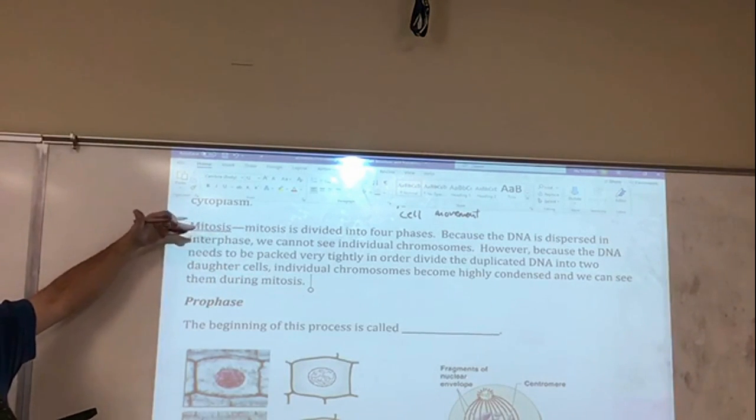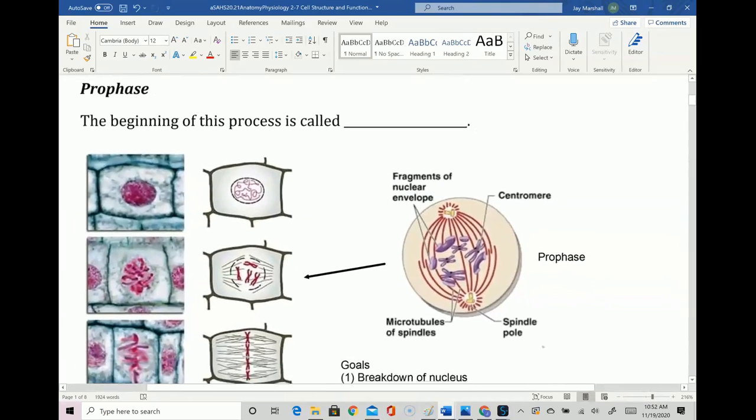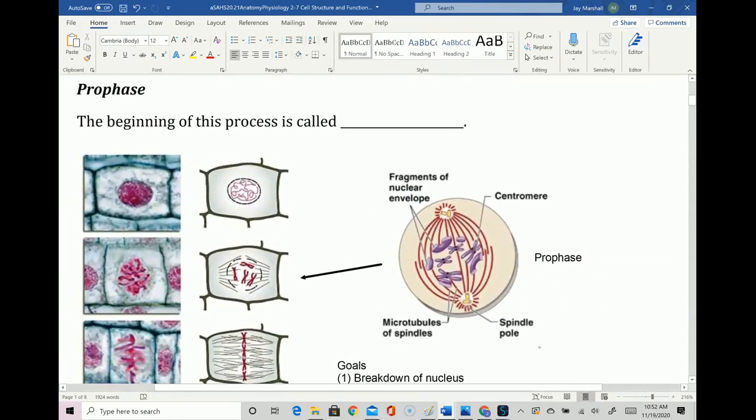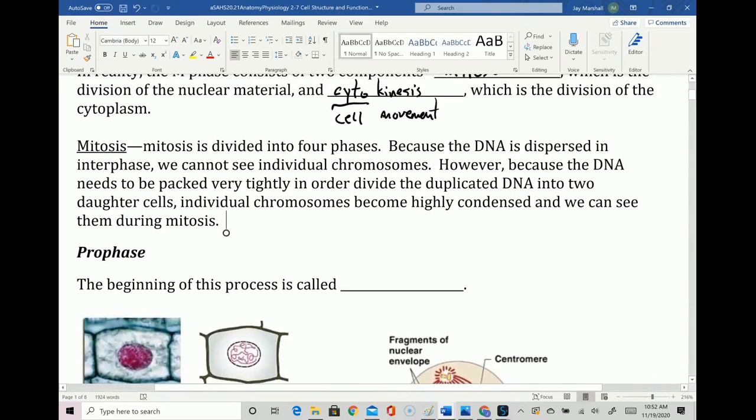Because DNA is dispersed in interphase, we can't see individual chromosomes. And I think you'll agree, if I look at the actual cell here, I can't see the individual chromosomes, right? They're all spread out. And that's the term that we use. We use this term dispersed to describe what the DNA looks like in interphase, okay?